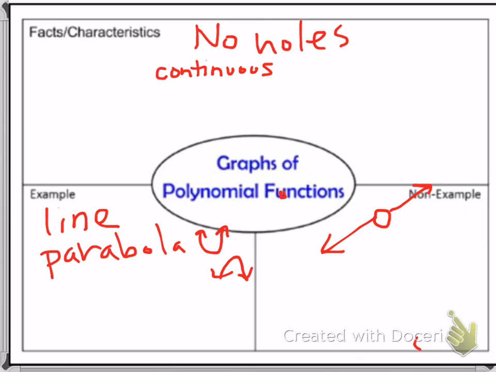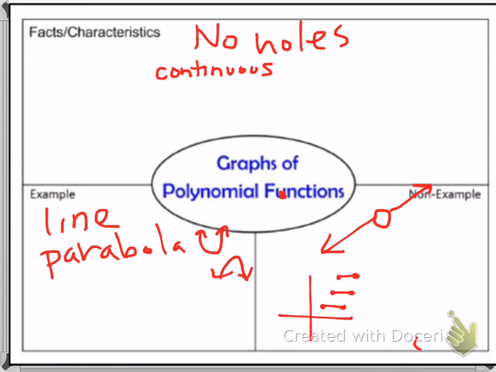I want to show you an example of a non-continuous function so that you can see what I'm talking about. We've seen these kinds of functions before that look like this. Does anybody remember what those are called? They're called step functions. Do you see how if I were to put my finger on one of the graphs and then come up, I would have to raise my finger off the paper? It's not continuous. Does that make sense to everybody?